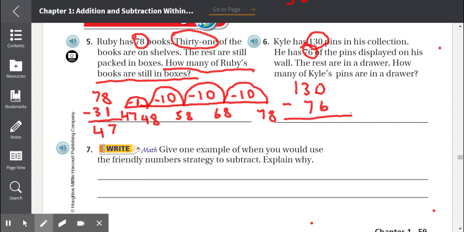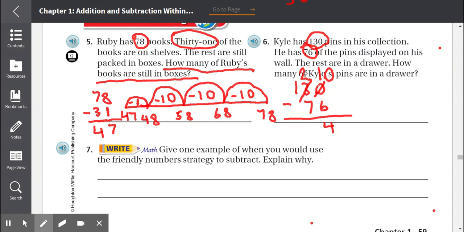We can't do that. So we will have to borrow from the tens place. So let's borrow from the tens place. This 3 becomes a 2, and this 0 becomes a 10. 10 minus 6 equals 4. Now we have 2 minus 7. Now we can't do that.